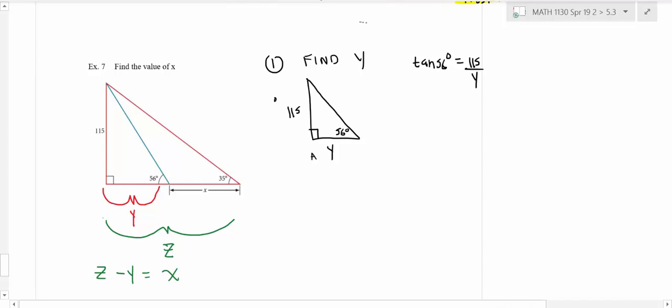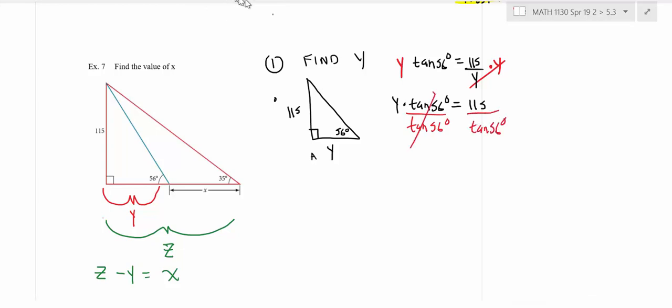There's more than one way to solve the equation, but since I have a fraction, I'll do it this way. So I get y times the tangent of 56 degrees is equal to 115. Then I can divide both sides by the tangent of 56 degrees.